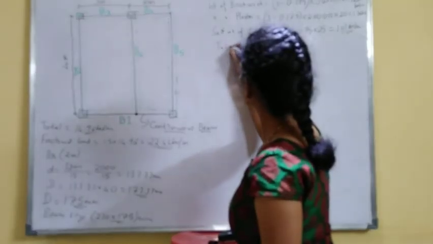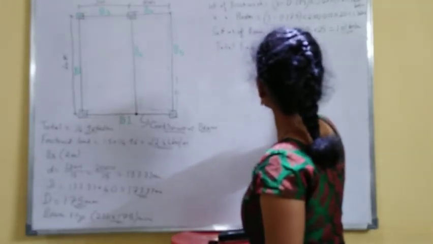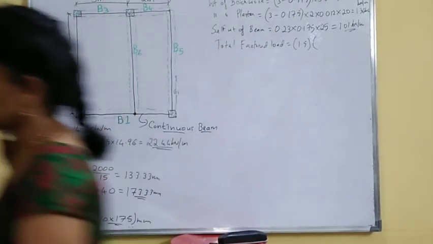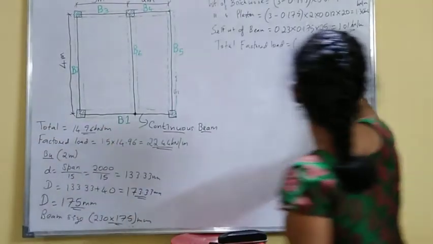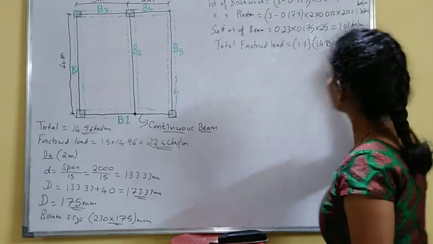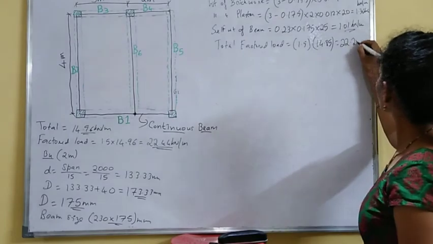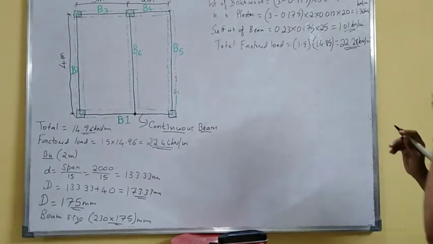Therefore, write directly total factored load, 1.5 into total load, that is nothing but 14.85, which is equal to 22.28. Okay, this is your factored load.